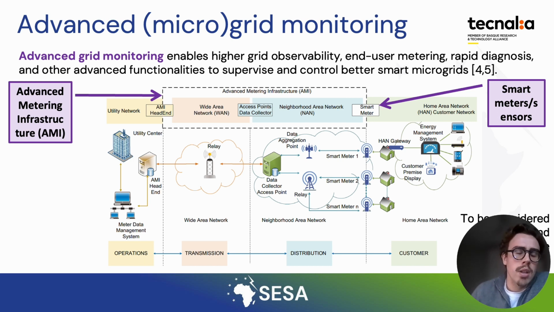Smart sensors have advanced functionalities compared to analog sensors and provide real-time data bidirectionally and the necessary grid status information for real-time monitoring, protection, and control. Then the advanced metering infrastructure is a new metering technology which has very high-speed two-way communication between smart meters and the utility.